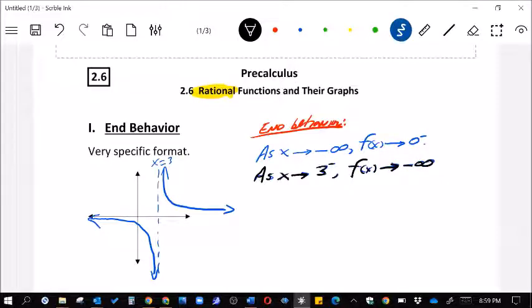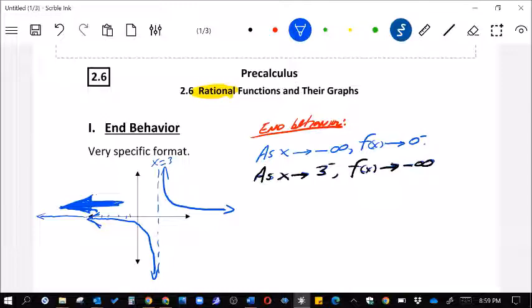Okay, so the blue is as we're going this way. So as the x values, here are the x values, and as the x values are going that direction, because you see there's an arrow here, as the x values along the x-axis are going that way, what is happening to the function?